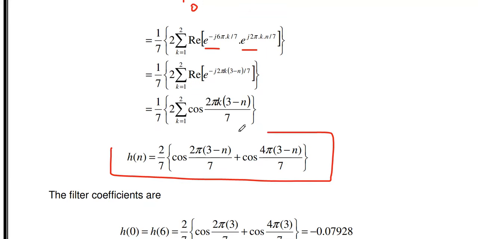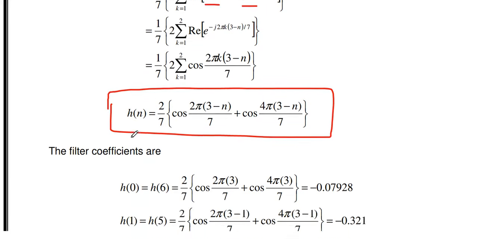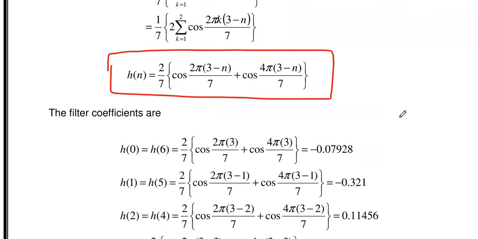So this is said to be the filter coefficient. In this filter coefficient, we have to substitute the small n value from 0 to 6 to get the filter coefficient values. Already you know all these FIR filters are linear phase FIR filters, so they obey the symmetric property.